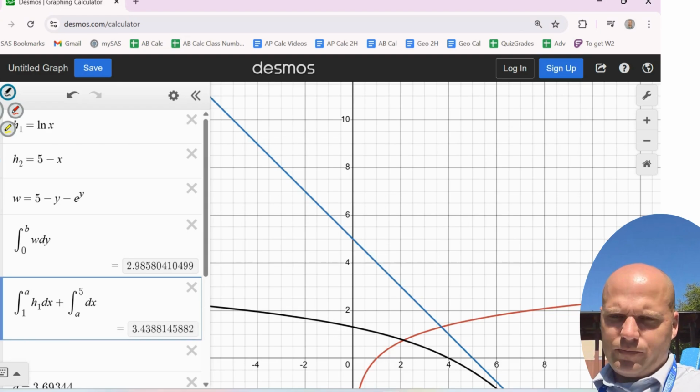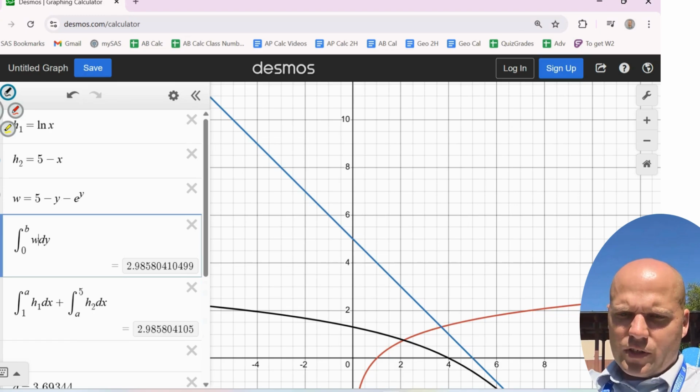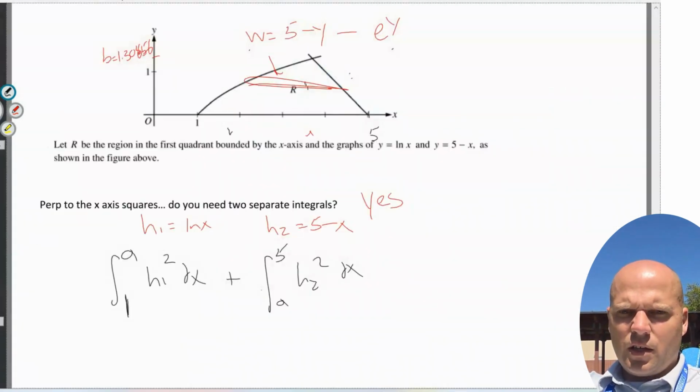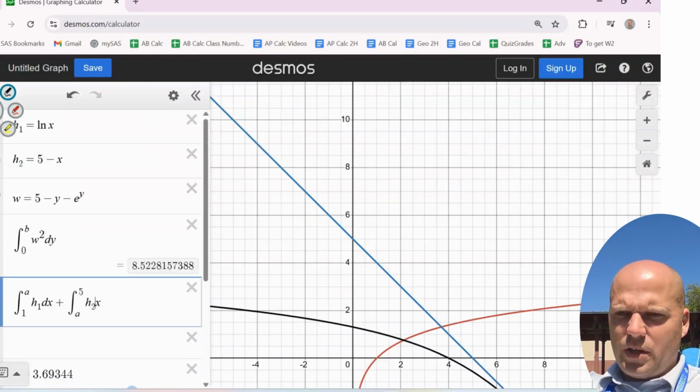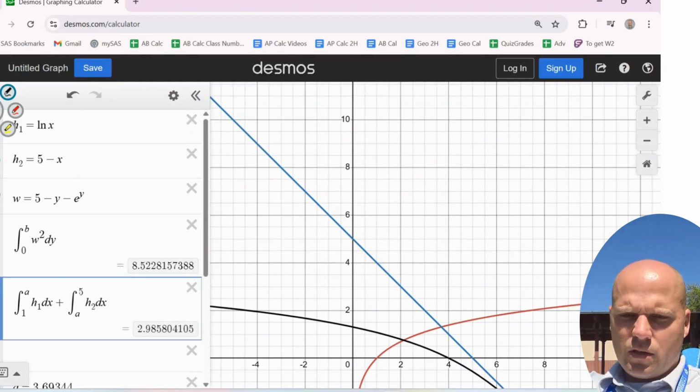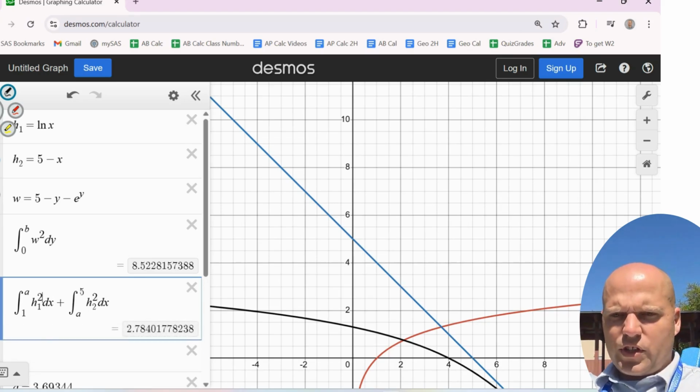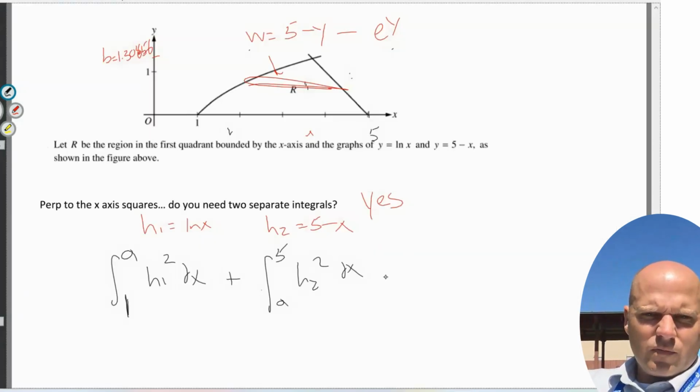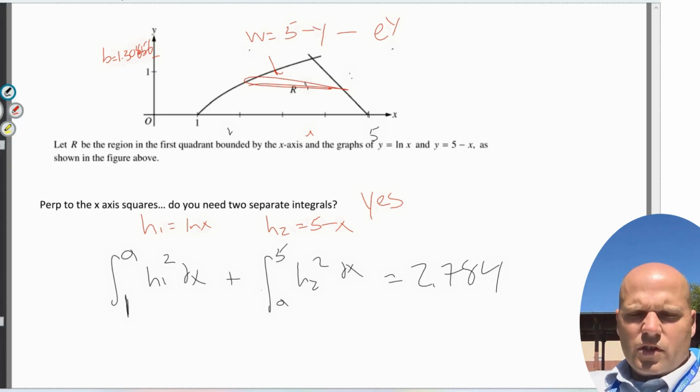Now we just want to square. All right, so perpendicular x-axis squared would be these. 2.784. Silly.